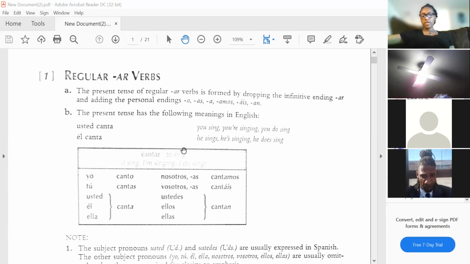When you're getting ready to conjugate the verb, you drop the ending, so we drop the AR here. Then we add these personal endings: o to represent I, as to represent you, a to represent he, she, or you formal, amos, which represents we, and then an, which represents plural they or plural you.